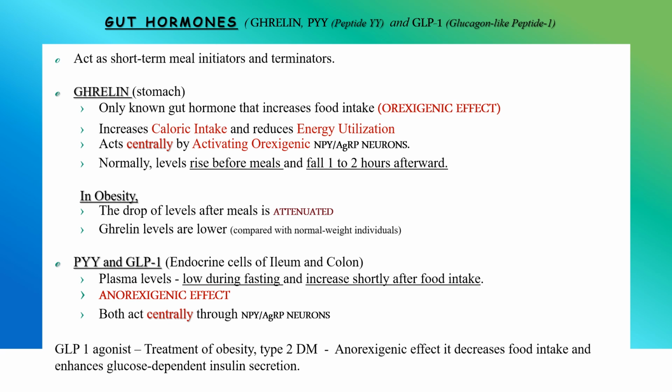Both these hormones, as we saw earlier, act centrally through the NPY and AGRP set of neurons. And a very interesting fact, GLP agonists are used in treatment of obesity and type 2 diabetes because of their anorexigenic effects. What is the anorexigenic effect? It decreases food intake and enhances glucose dependent insulin secretion.